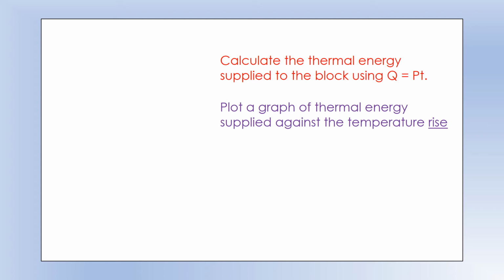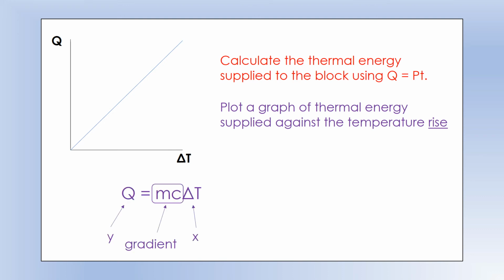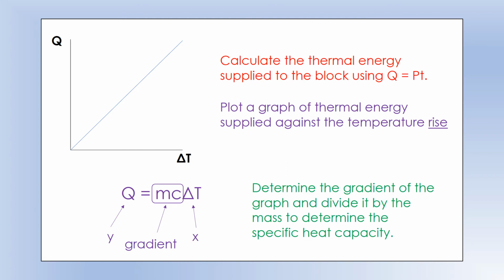So we're going to plot a graph of thermal energy supplied against temperature rise, or delta T, which should look a bit like this. And from this graph, we're going to measure the gradient of the line, divide it by the mass, and that would give us the specific heat capacity.